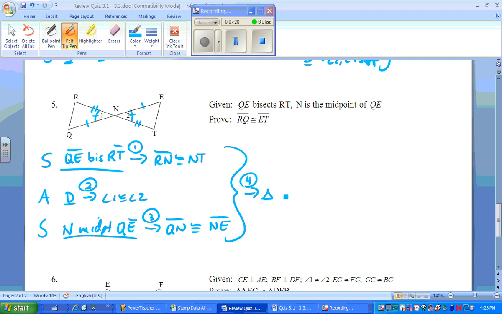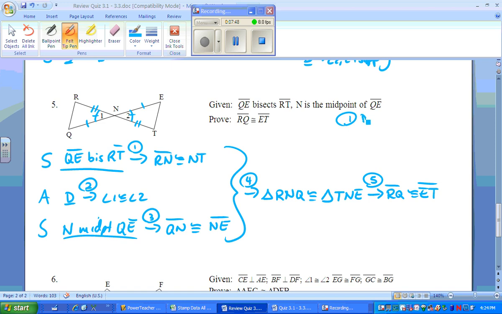We just proved triangle NRQ being congruent to, if I said R, you would tell me TNE. And then we can finish this one up because these are both pieces. RQ and ET are pieces to the triangles we just proved by CPCTC.